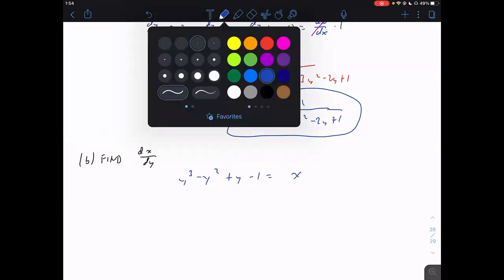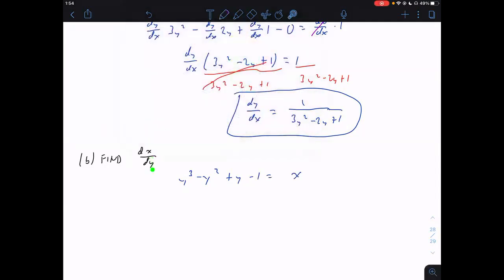But now since we want to find the derivative of x with respect to y, since we want to find dx over dy, in this case we're going to start off by taking the differential d over dy of both sides of this equation. So we'll take the derivative of each side of our equation with respect to y.